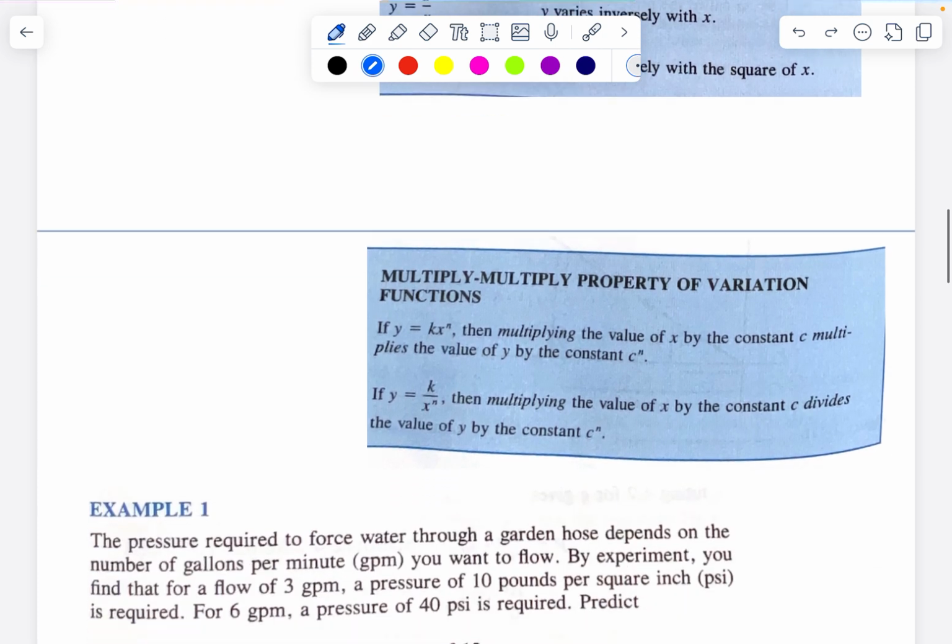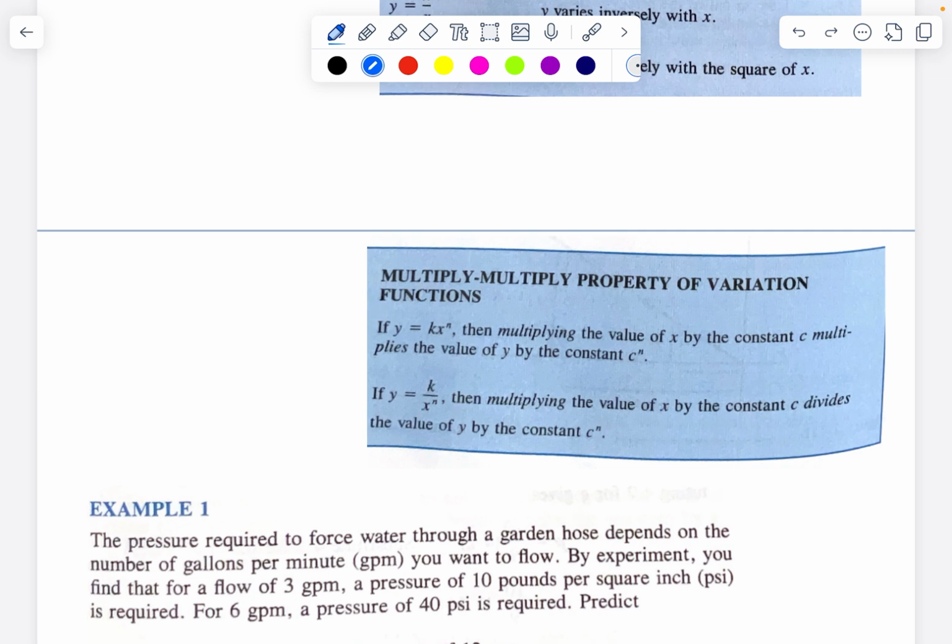So down here we can see the multiply property of variation functions written out as it is in your book, and it states that if y equals some constant k times x to the n, then multiplying the value of x by a constant multiplies the value of y by that constant to the same power as the equation.